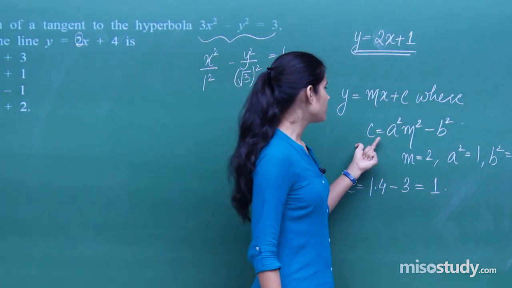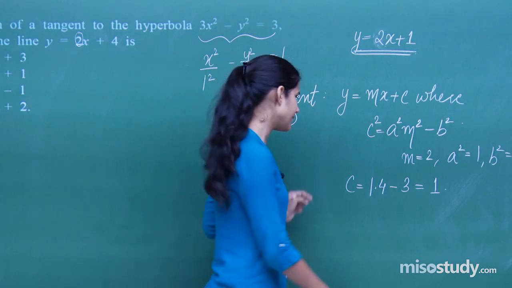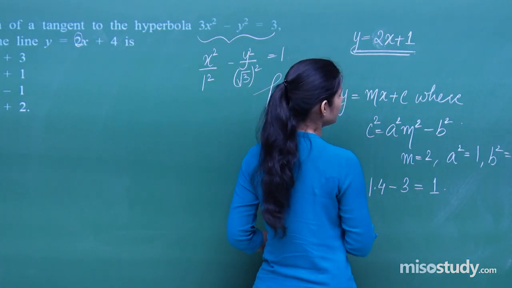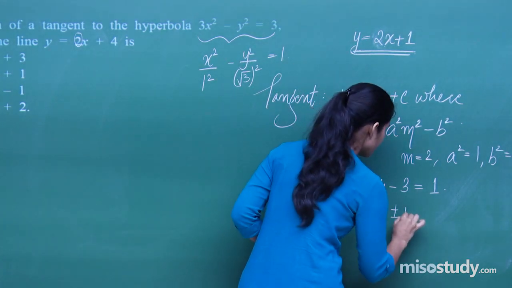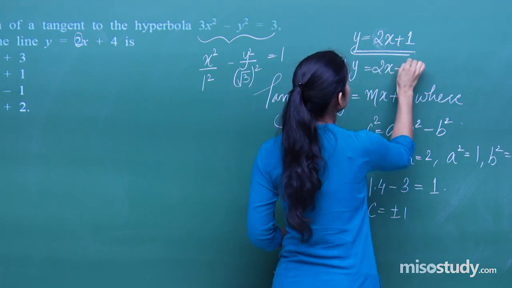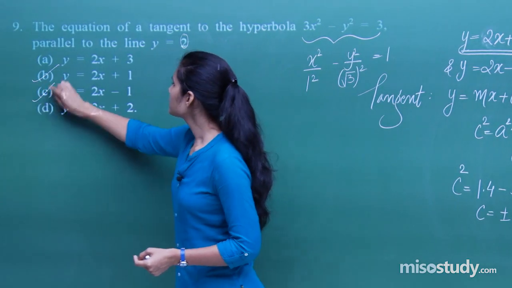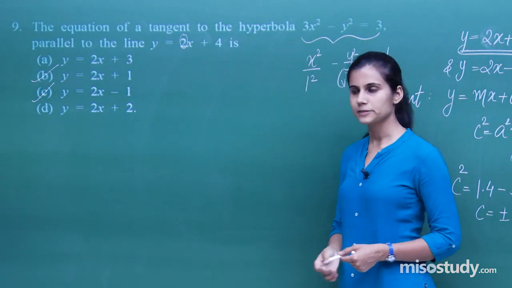I can say c square equals a square m square minus b square, that is the correct thing. So c square comes out to be equal to 1, so c comes out to be plus minus 1. So y equals 2x plus 1 and y equals 2x minus 1. So your answer is y equals 2x plus 1 and y equals 2x minus 1.